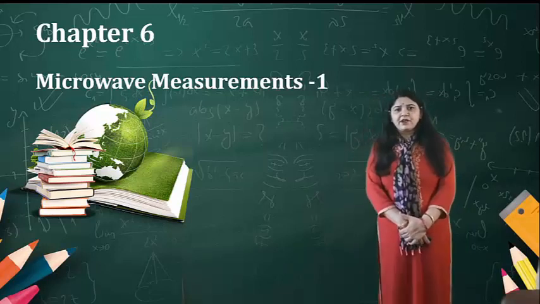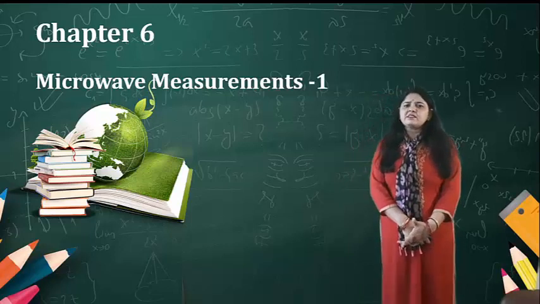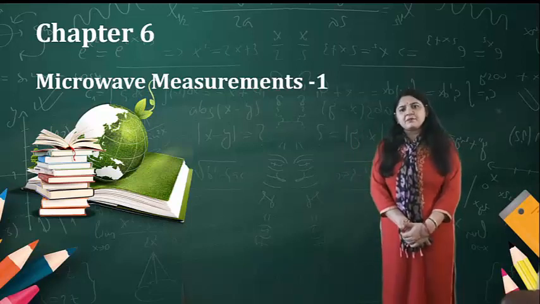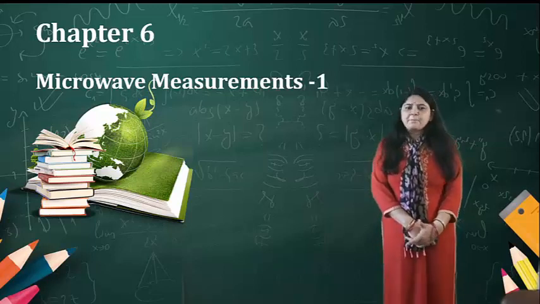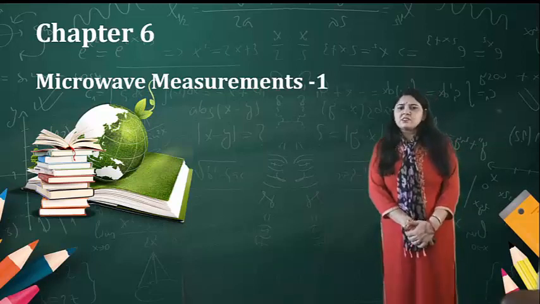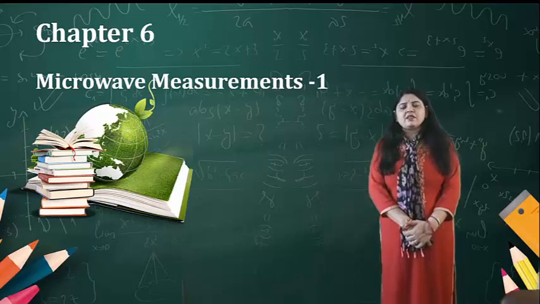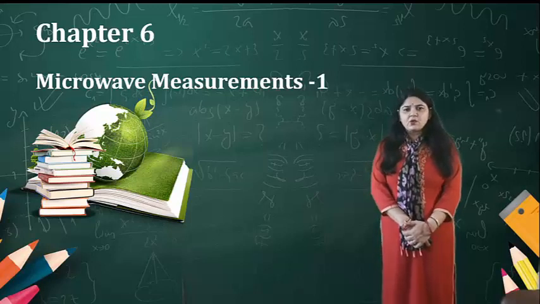The electric field we measure in volt per meter, and the magnetic field in ampere per meter. So we have the electric field and the magnetic field, and the measurements should be required to measure all the components.